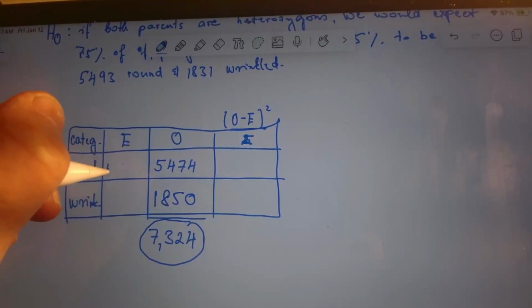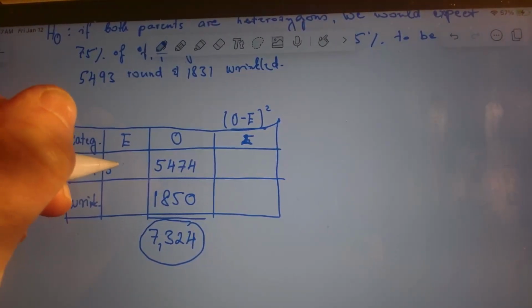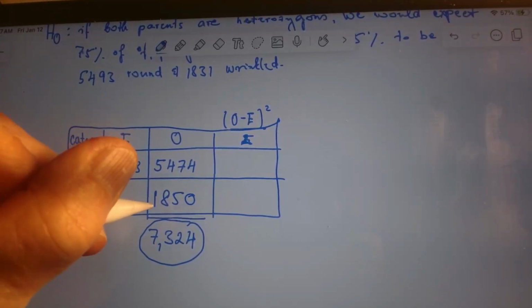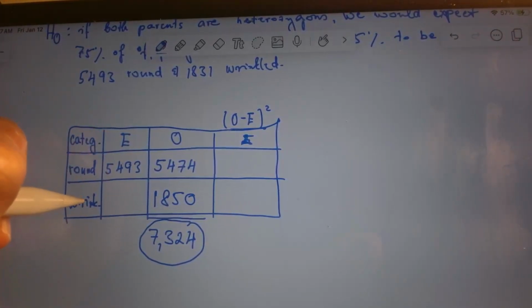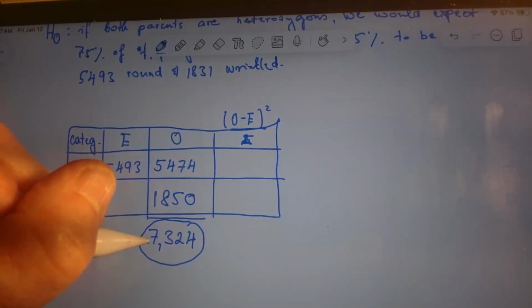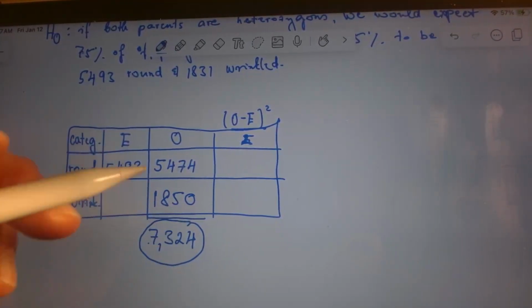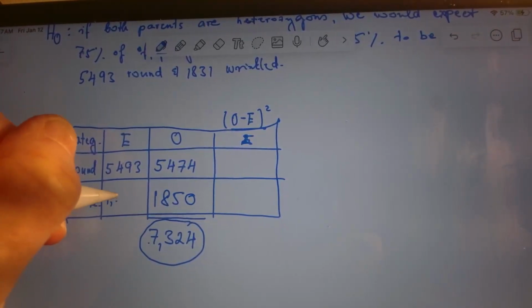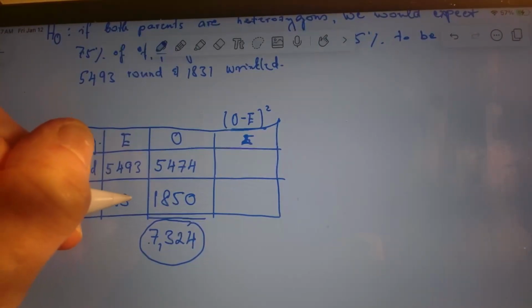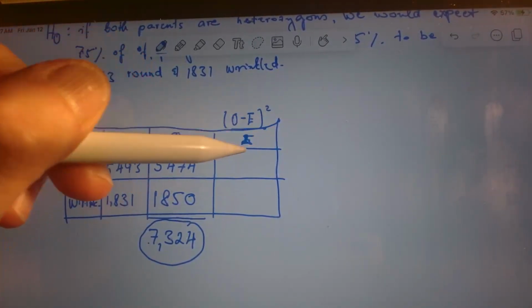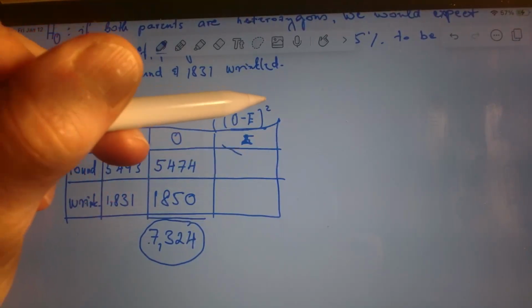So the value would be 5,493, and 25% would be wrinkled, so the expected value is 0.25 times the total value, and it will be 1,831.